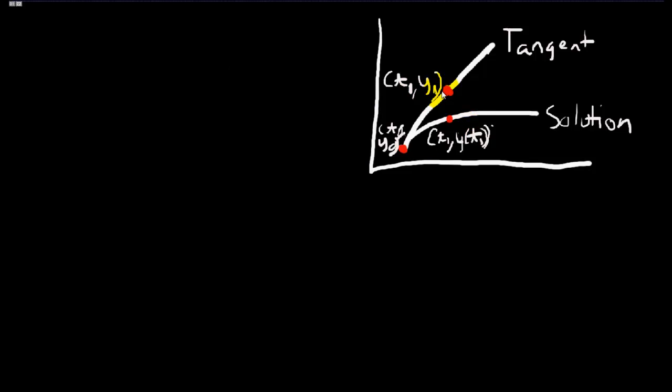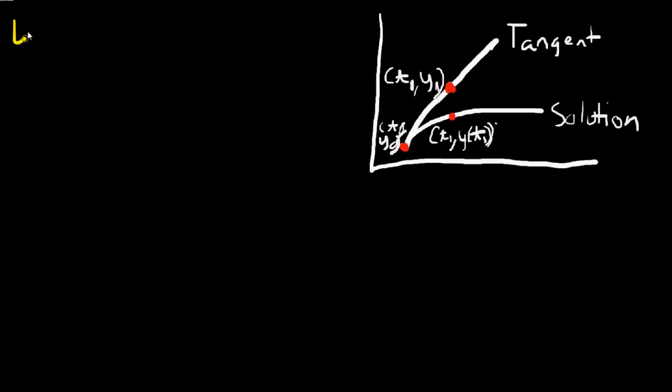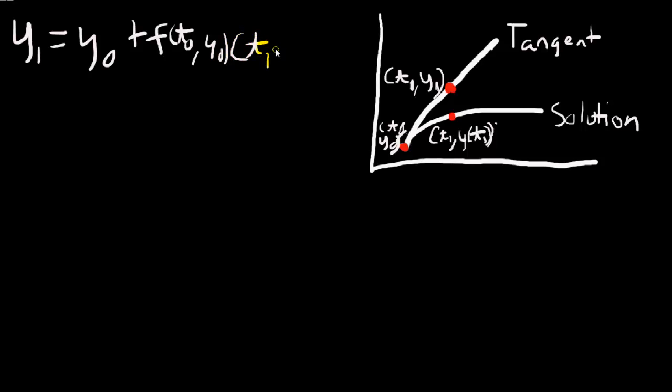So after modifying the point-slope form, we get y1 equals y sub 0 plus the function of t0, y0, which is the slope, times t1 minus t sub 0.